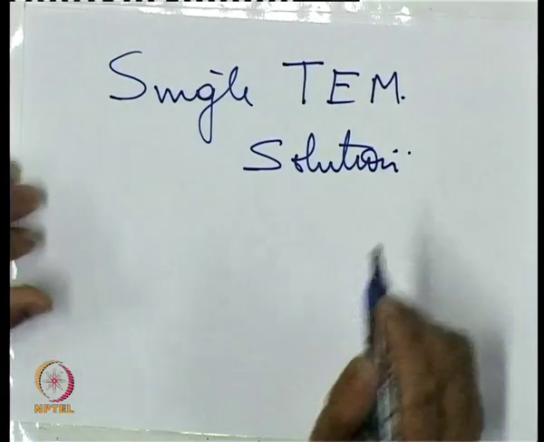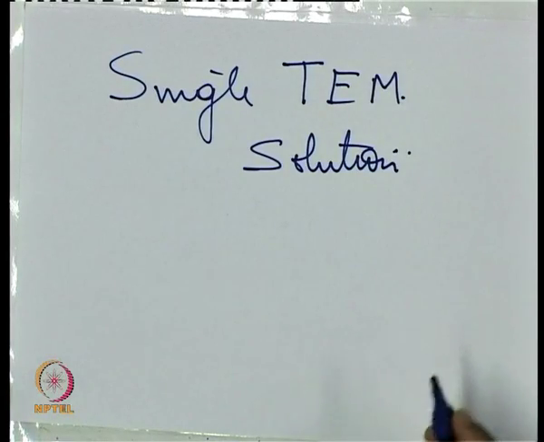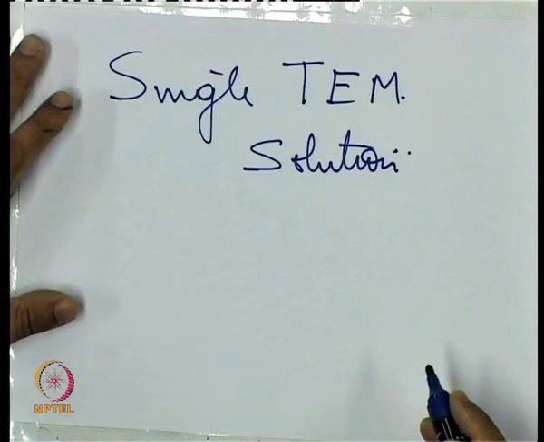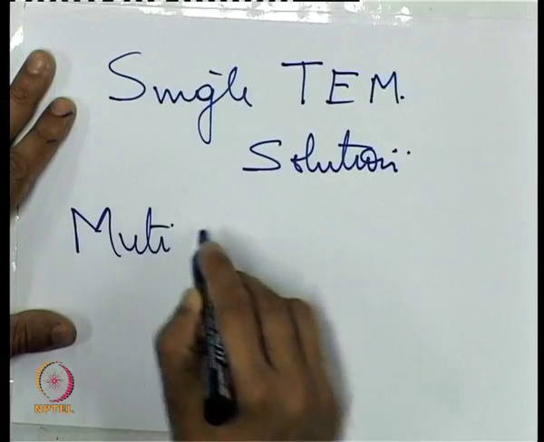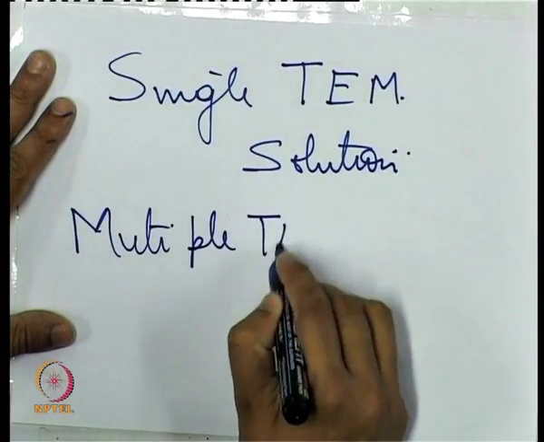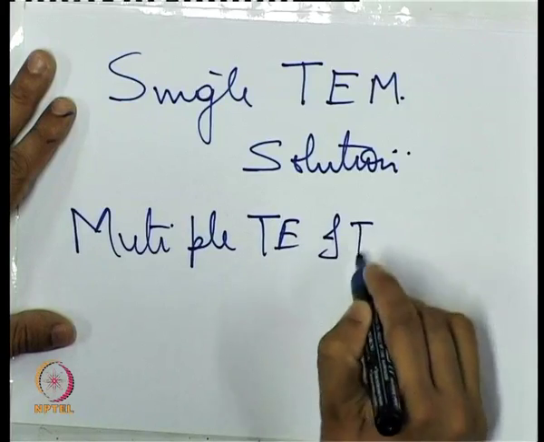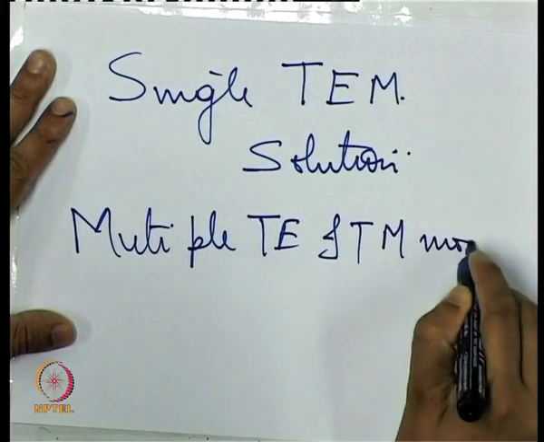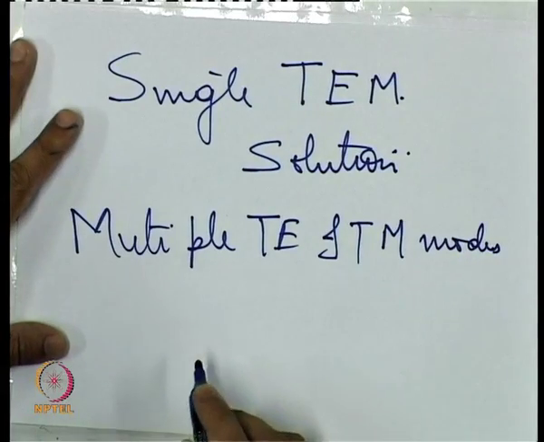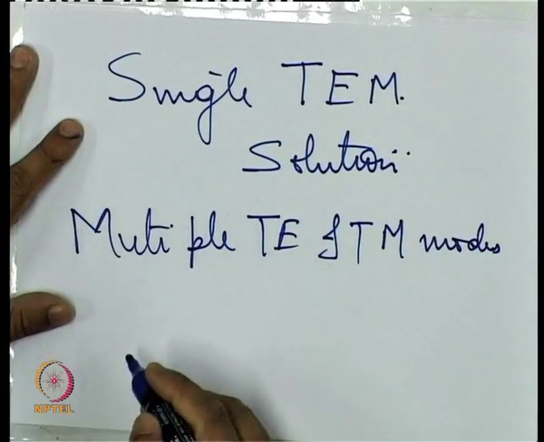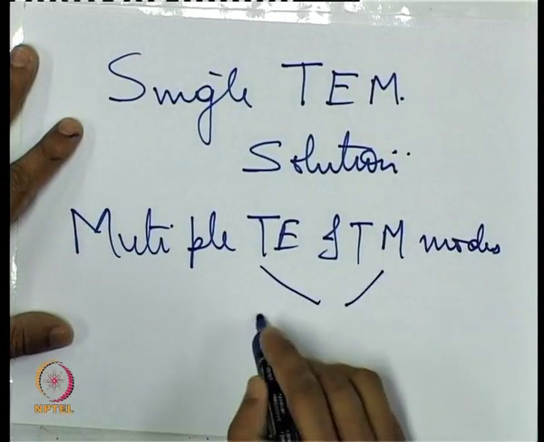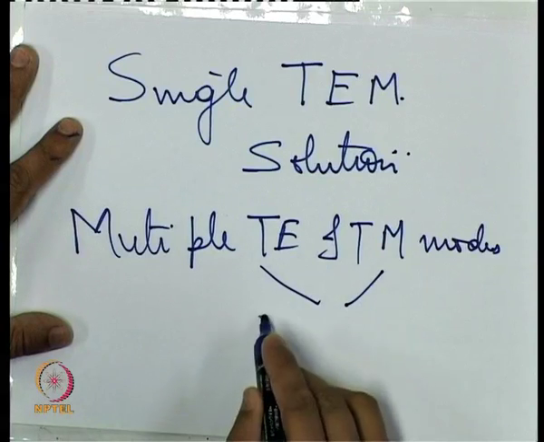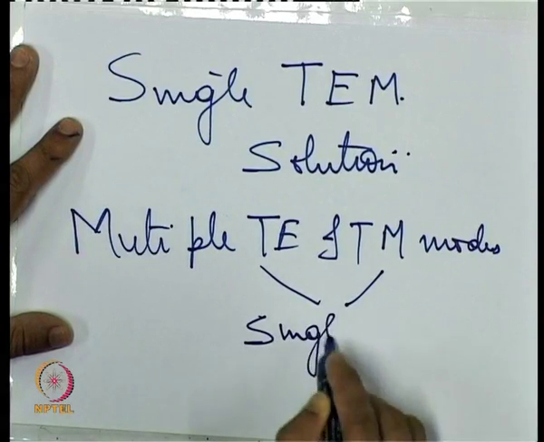That is, we have only one electromagnetic wave which satisfies the TEM conditions. However, there are multiple TE and TM modes. Another interesting thing about these two modes is, in single conductor waveguides, only TE and TM modes exist.